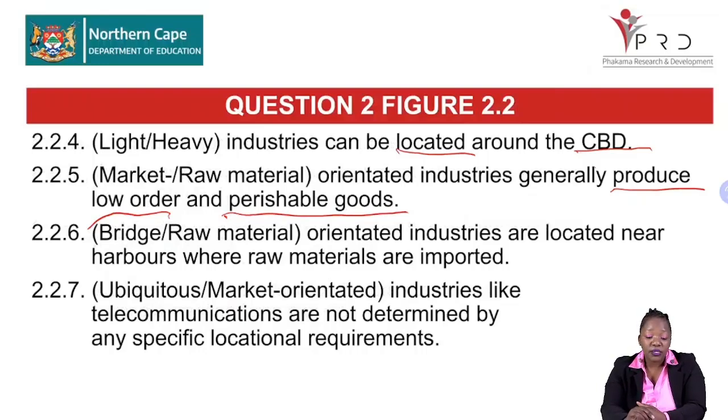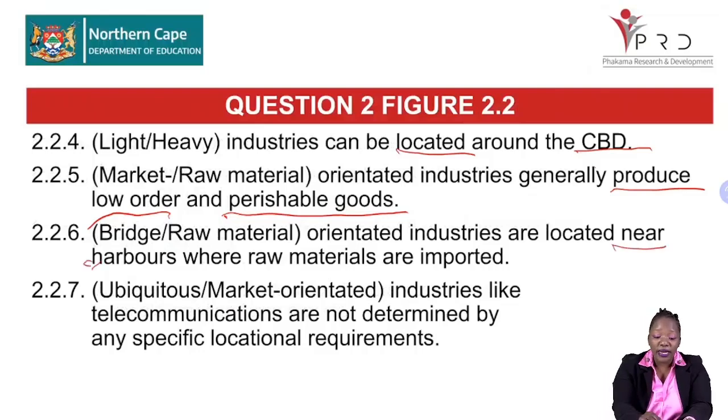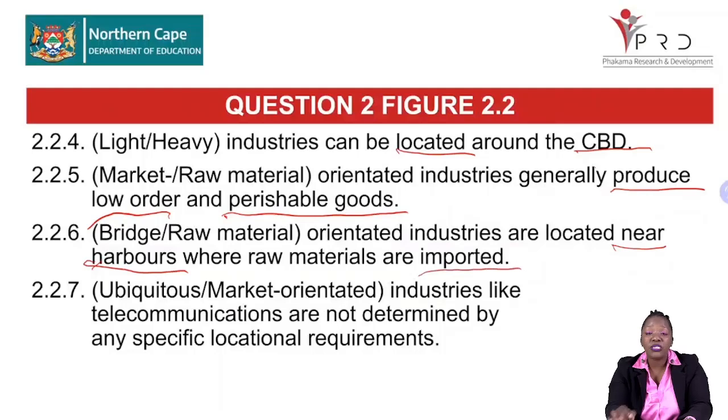Then number 6, your bridge or your raw material oriented industries are located near the harbor. So they are near the harbor where the raw material is imported. So is it bridge or is it raw material? Then your number 7, your ubiquitous and your market-oriented industries like telecommunications.